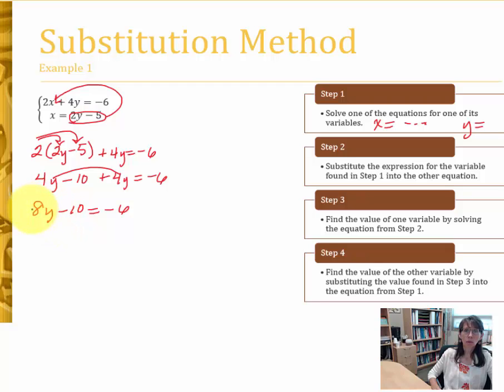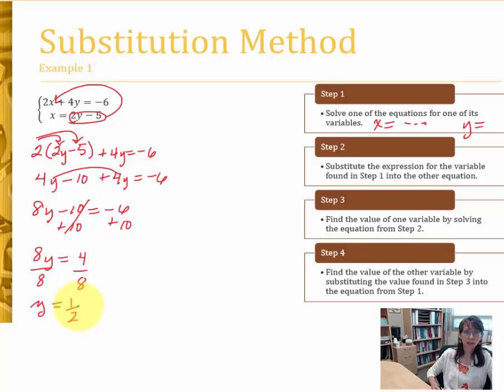So I only have one variable term. That means positive 10 will be added to both sides to eliminate it from one side and collect it on the other. 8y now equals 4. So when I divide each side by 8, I'm going to have a y value of 1/2.